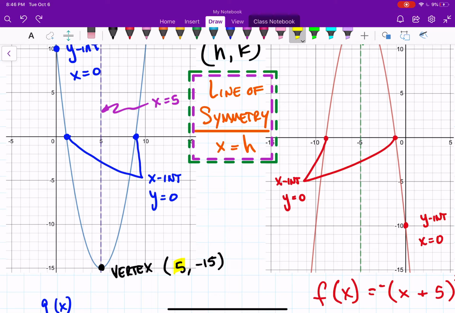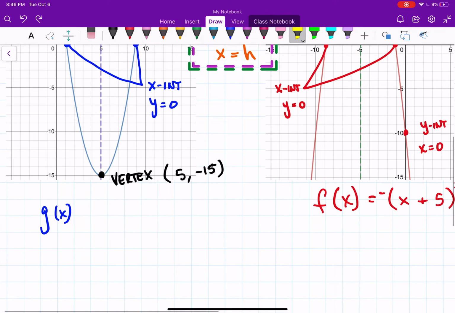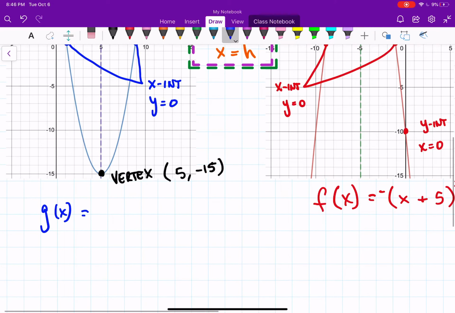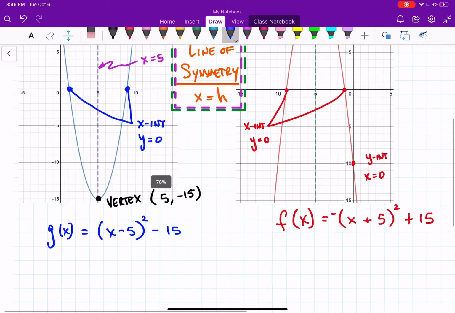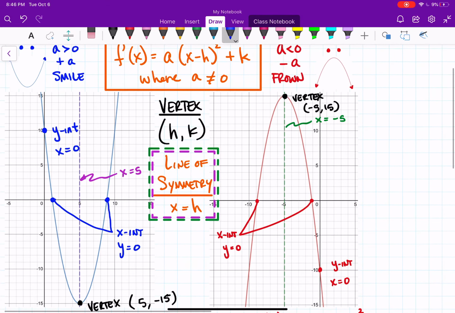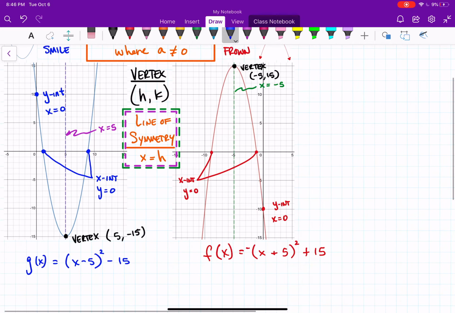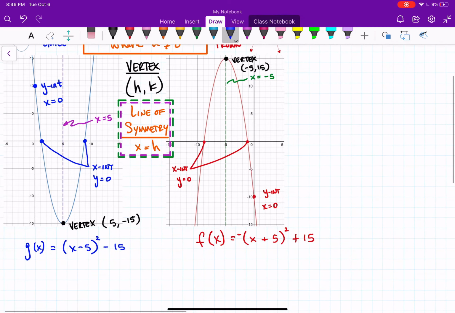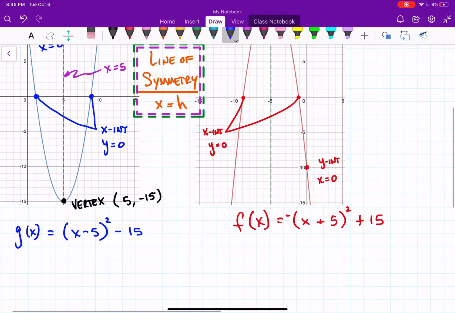So this g of x is going to equal x minus 5 squared, minus 15. And there we go. So we found the line of symmetry and we found the equation, because the vertex is 5, -15.